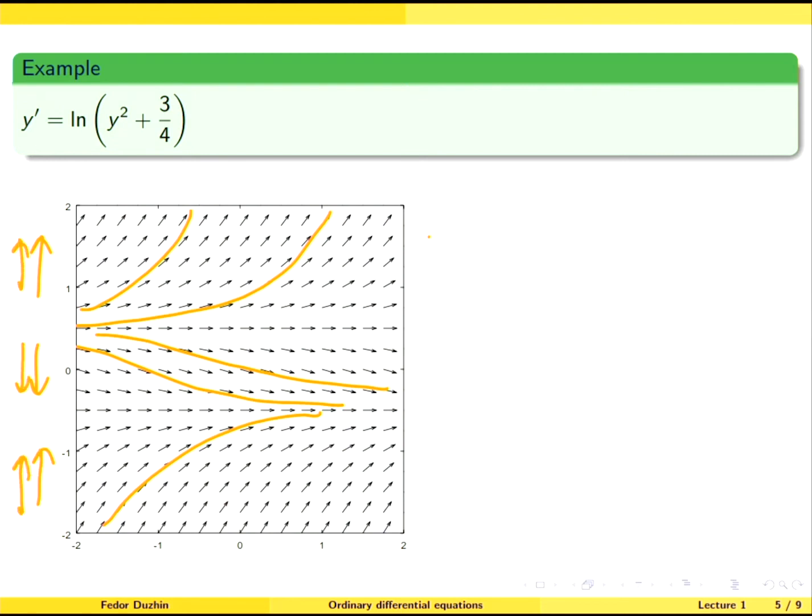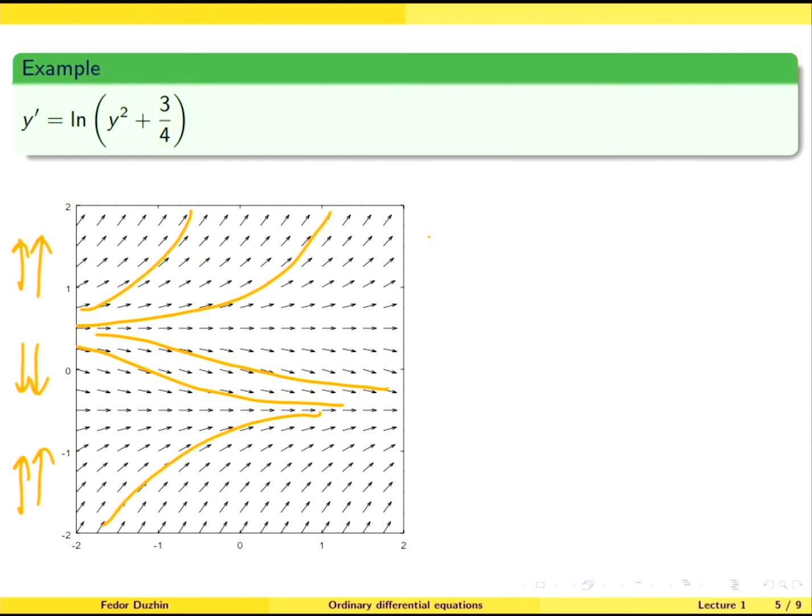which we can see by these arrows pointing a little bit downward or a little bit upward, meaning that the y component of the vector is positive or negative. But of course, at the same time, we can look at this differential equation, right? And then we can think, under which condition is the right-hand side negative, and under which condition is it positive?